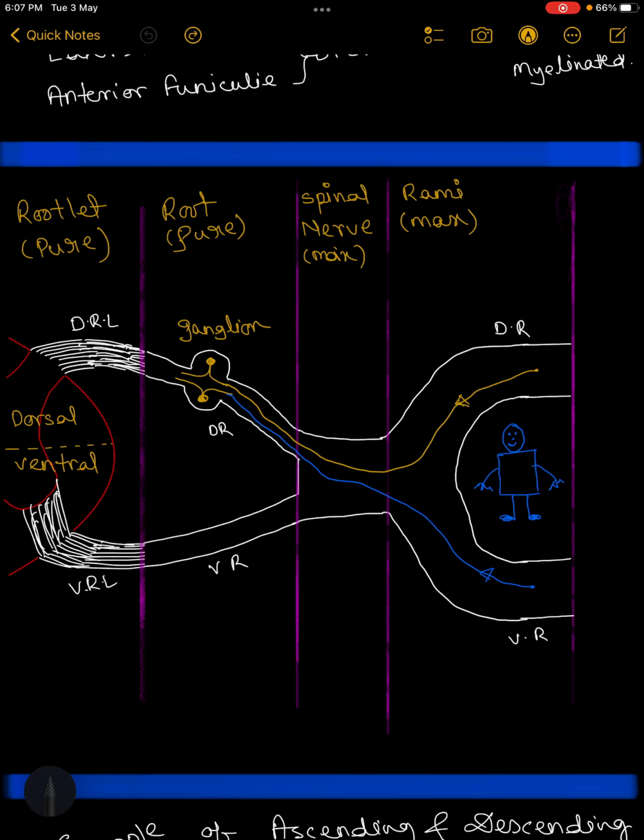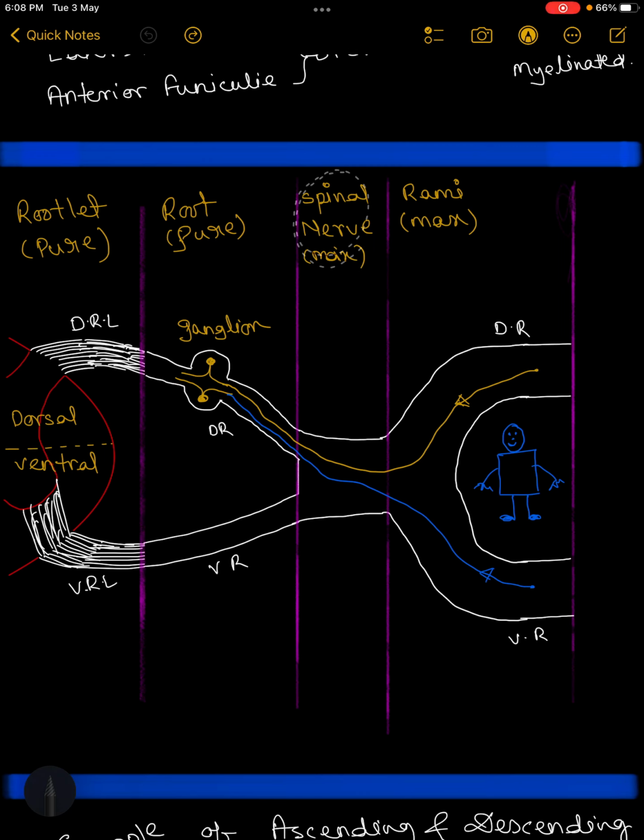There is a specific structure in the root, especially the dorsal root, which is known as the dorsal root ganglion. Again, what is a ganglion? A collection of cell bodies in the peripheral nervous system.